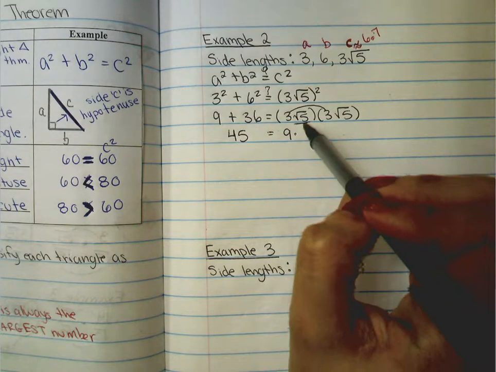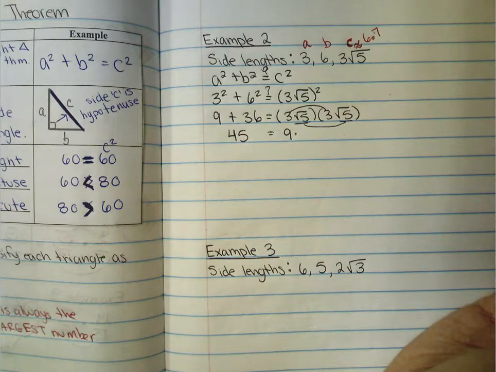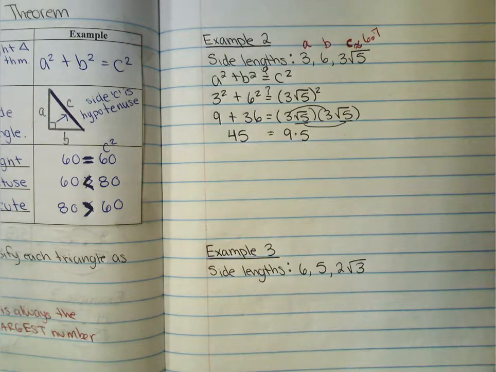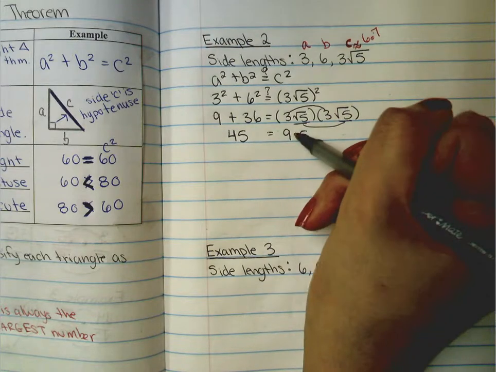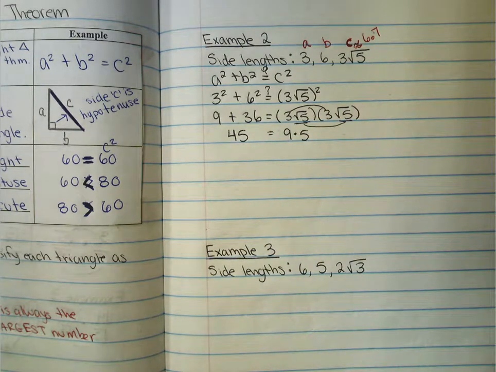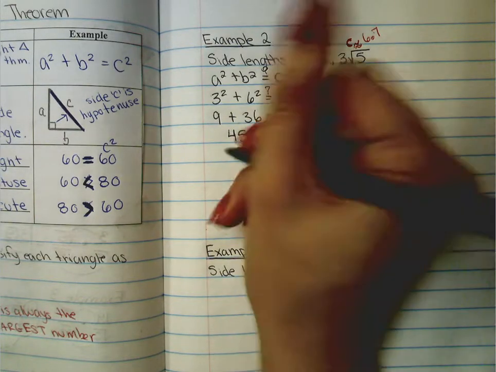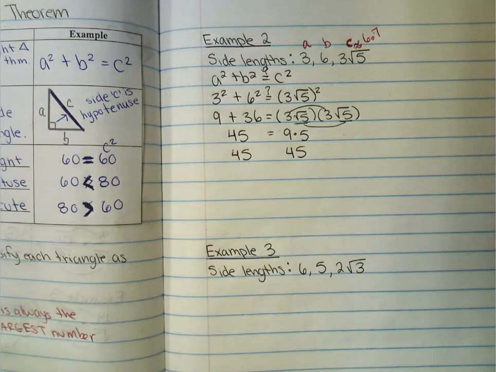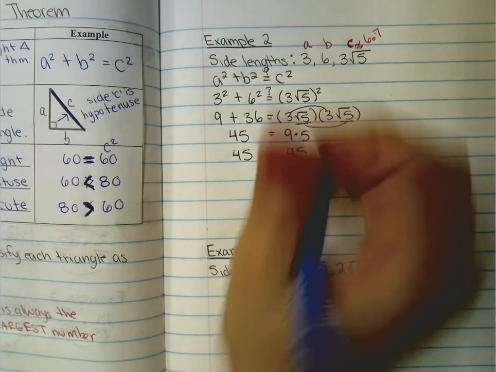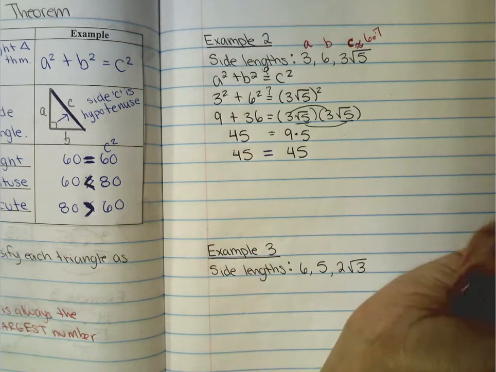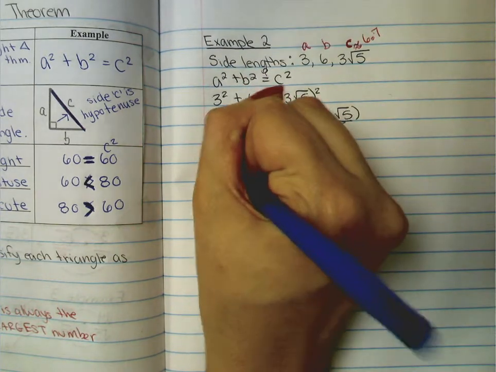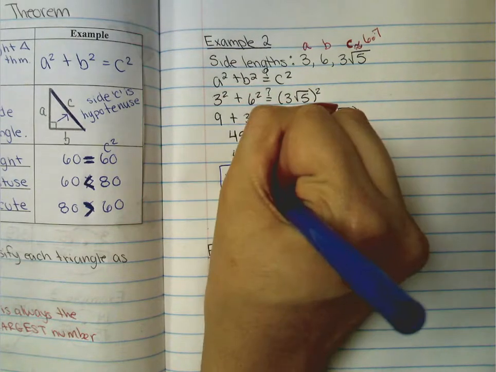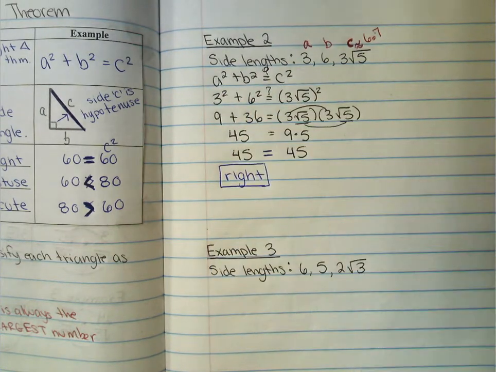The square root of 5 times the square root of 5, you remember that it's just 5. The square roots cancel, so it's just 5. And this is a times sign. So 9 times 5, that's 45. So on this problem, I end up with both numbers equal. Anytime both numbers are equal, that is a right triangle. So that one's right.